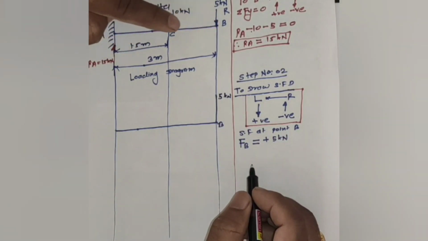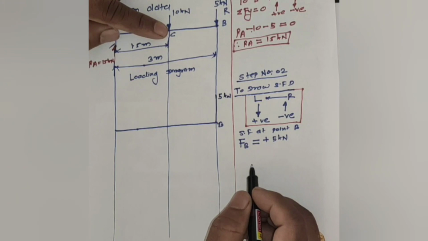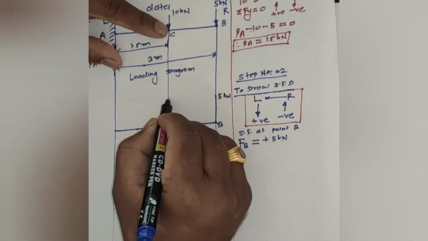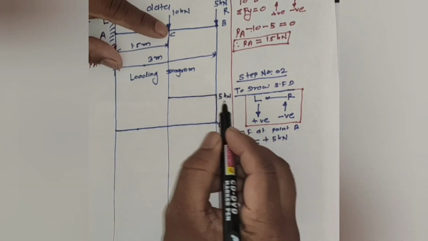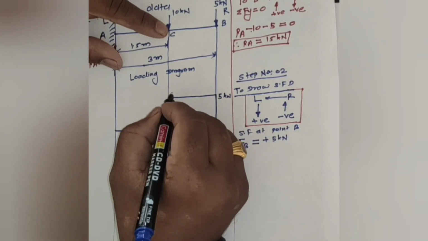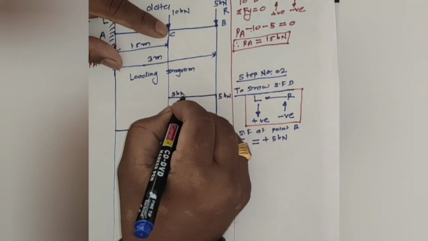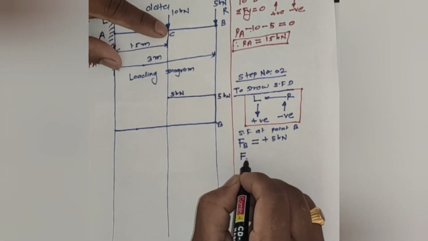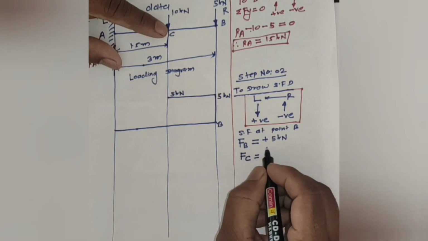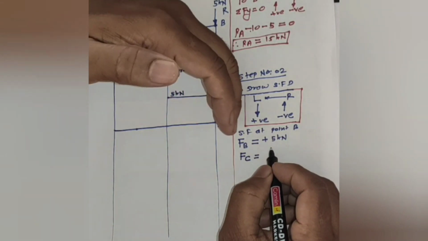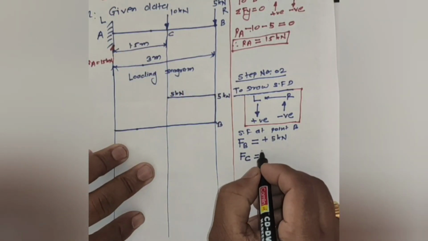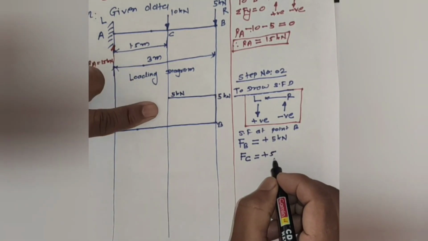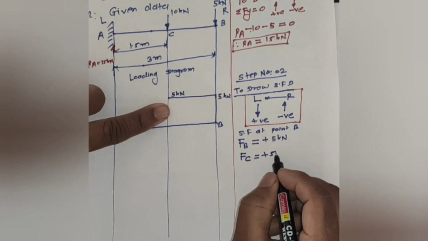In between B and C there is no load. Then you have to draw the horizontal line with the same shear force, 5 kilonewton. Here you have to write down the shear force at point C. Shear force means algebraic sum. Okay, listen carefully.